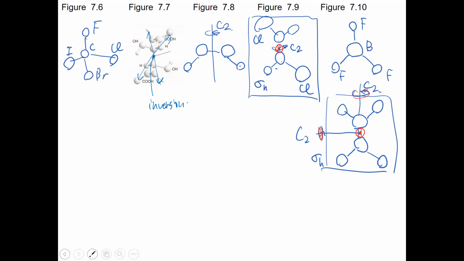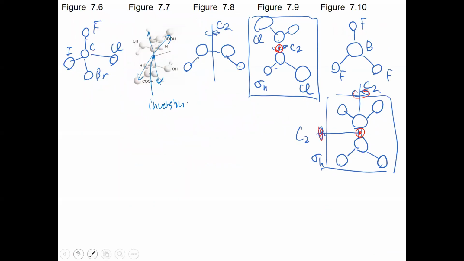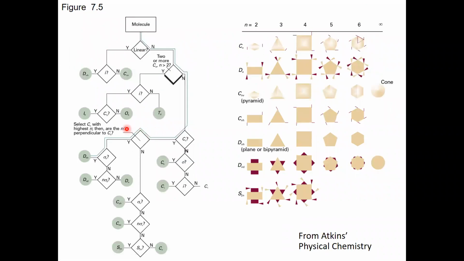But in the case of C2H, there are no such multiple C2 operations, so it goes to n. And then does it have a sigma H operation? This one has, yes, and then it goes to C2H, right?